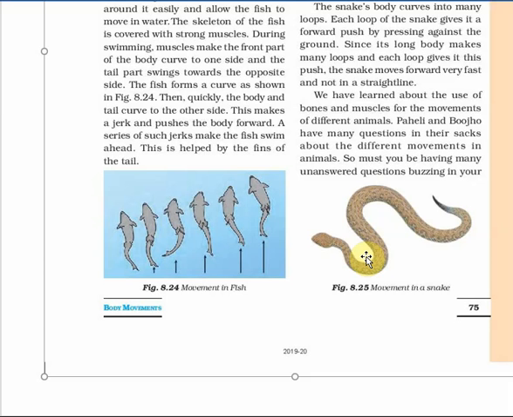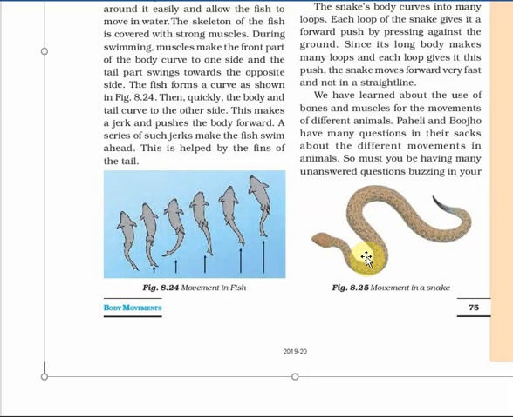The snake's body makes many loops. Each loop gives it a forward push by pressing against the ground. Since its long body makes many loops and each loop gives this push, the snake moves forward very fast and not in a straight line. So this is about the snake.